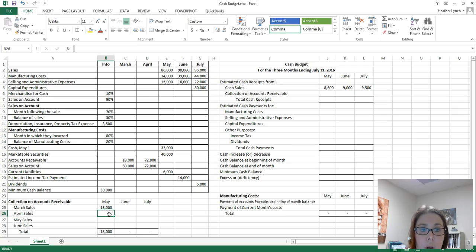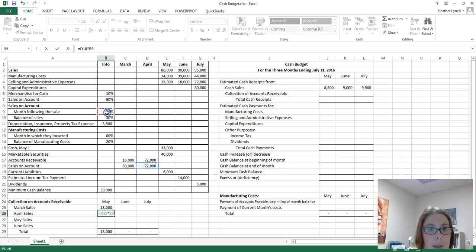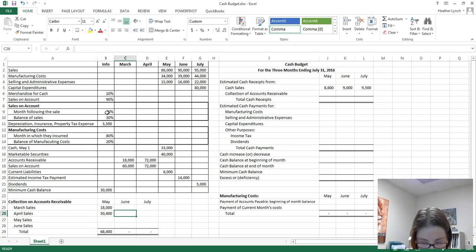For April, the month following, we can take the 72,000 and take 70%. That's what we're going to collect in May. In June, of that 72,000, we're going to collect the balance of 21,600. So May sales, we're not going to collect for May.